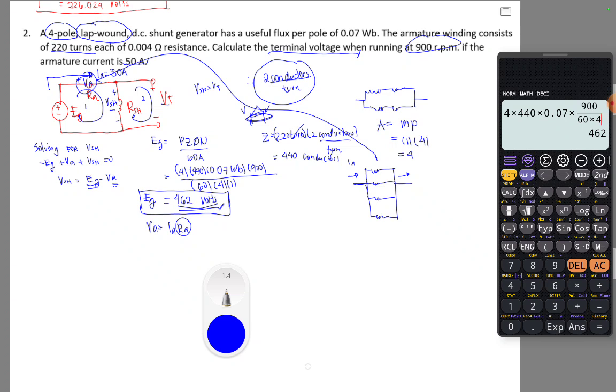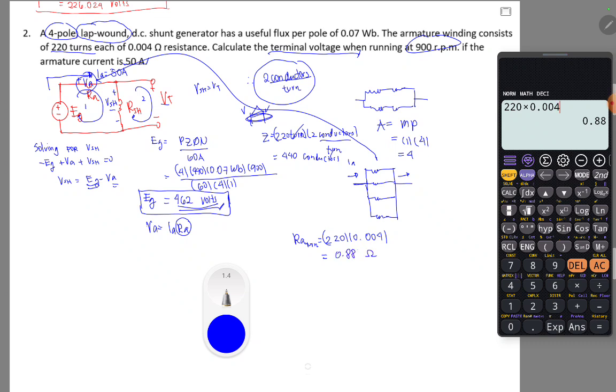Now, considering this one, the next thing to do is of course to multiply this by our resistance per turn. So therefore RA per turn is equal to 220 multiplied by 0.04, which is equal to 0.88 ohm.